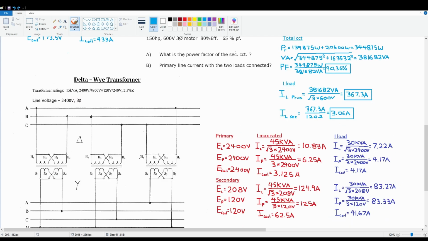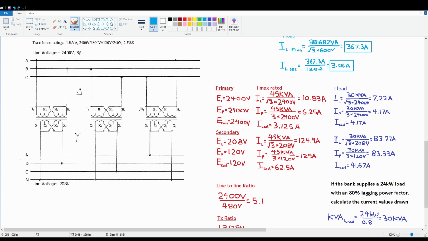The rule you can use is, if your line voltage is the same as any one of these, you connect it in delta, and then whichever one it is. So this one, the smaller number, will be in parallel, so you select that. But if this was, let's say, 4800 volts, you would just use the high voltage setting, so you connect it in series, and delta because they're the same, right?